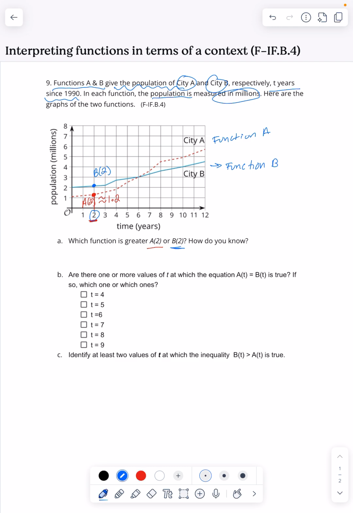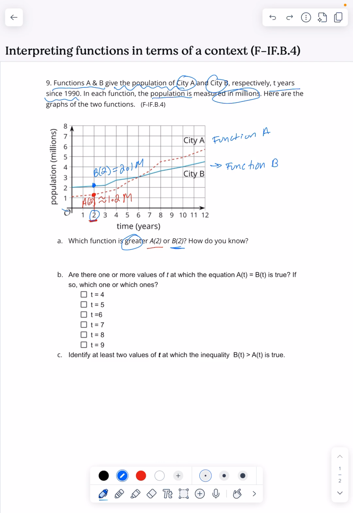So this is asking which one is greater. Well, the bottom one we said was around 1.2 million. The top one is around 2.1 million. So we can see that the point for the blue B of 2 is higher than it is for A of 2.